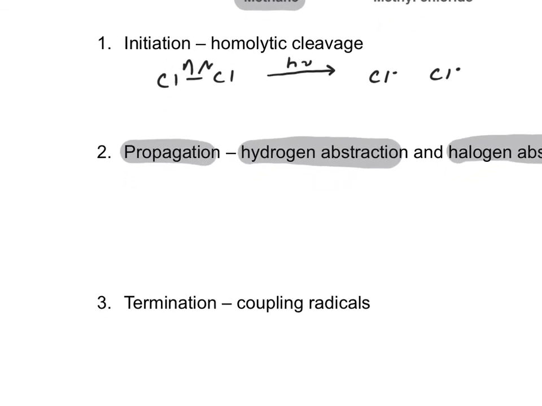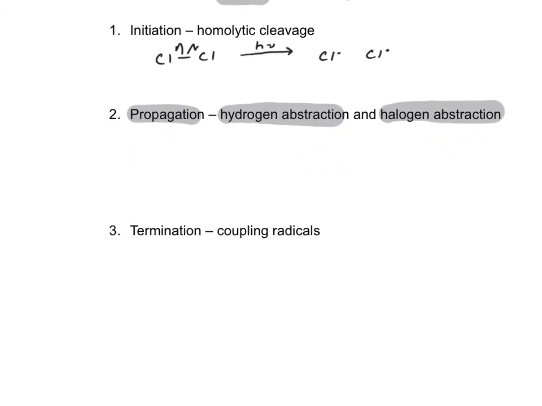Okay, so now in our second stage of this mechanism, our first step is going to be hydrogen abstraction. What's going to happen is our newly formed chlorine radical is going to come along. It's going to find a methane. Right, so we can draw out our little methane.